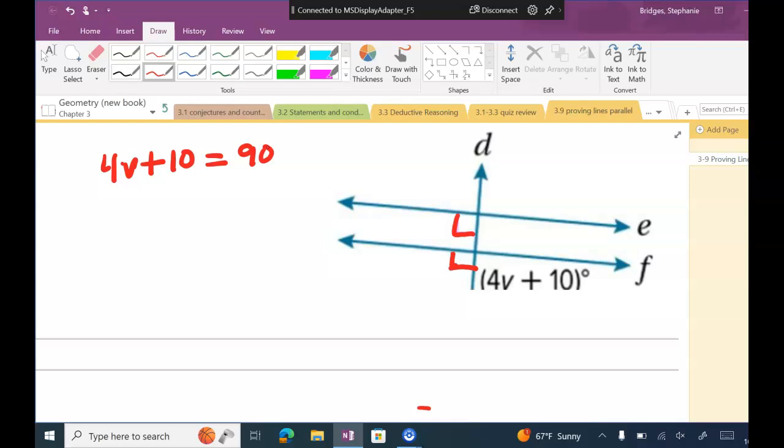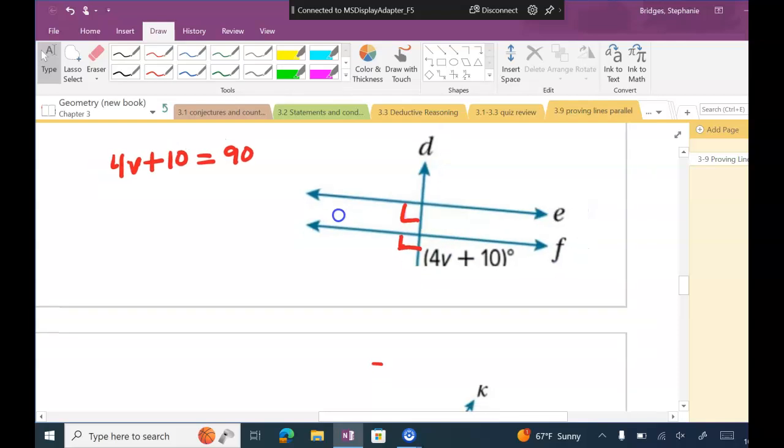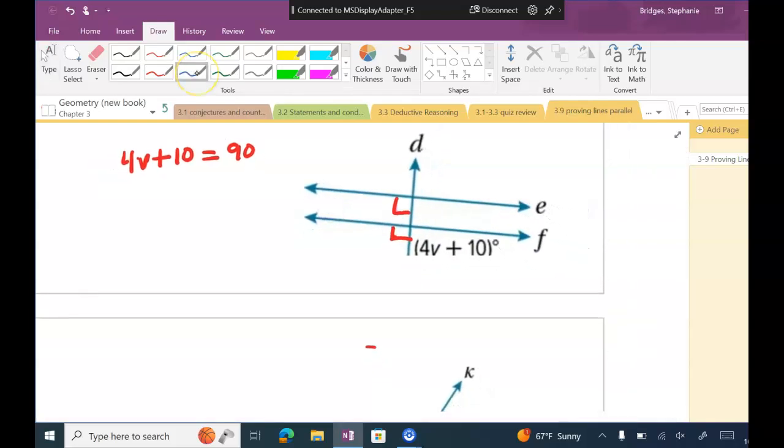It was talking about in order for those lines to be parallel, both of them have to be perpendicular. What would I do first?